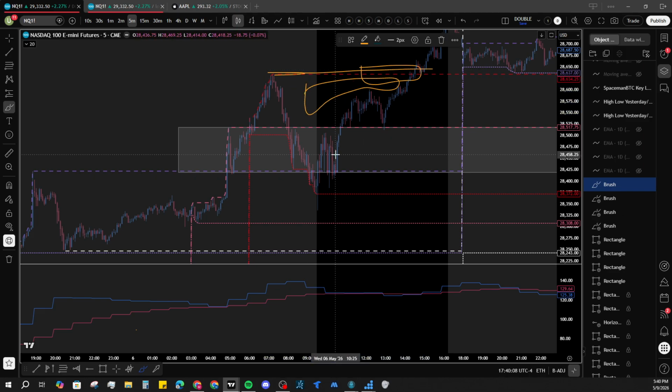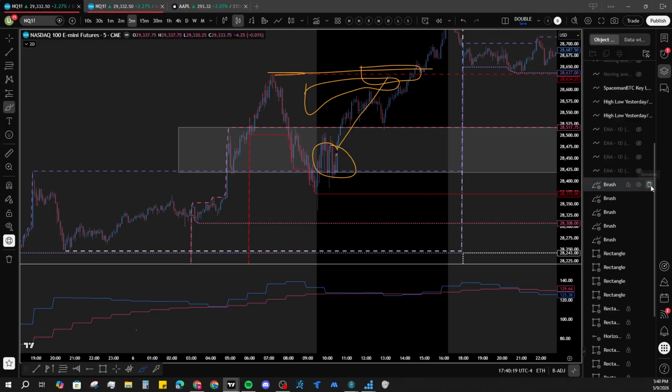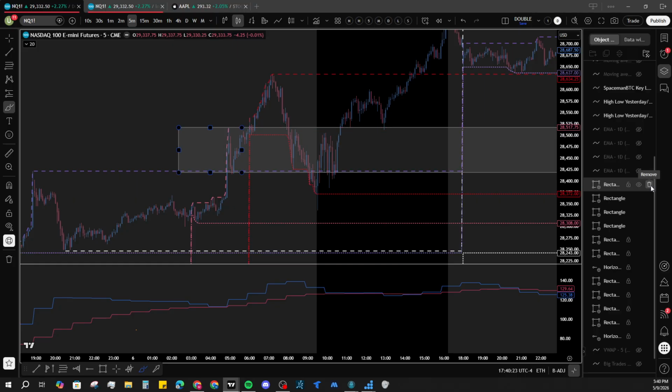So now we can use it as, okay, we got support here, we can have a target here. So now we have a target, now we have a possibility to trade something. We just have to find something that works.